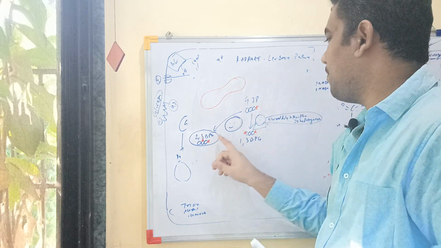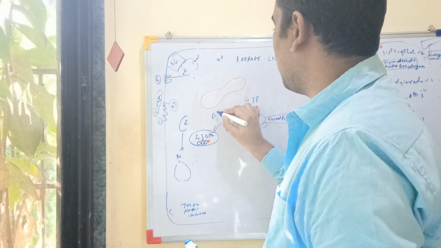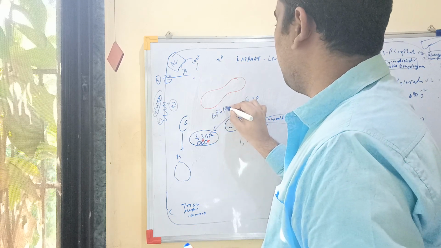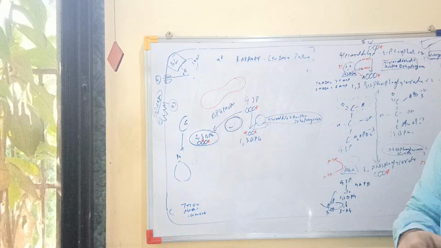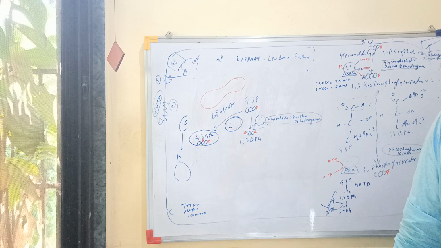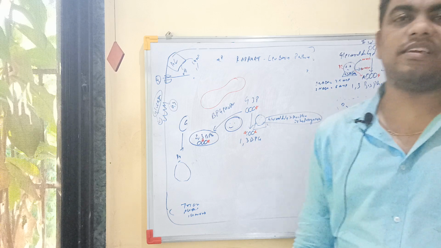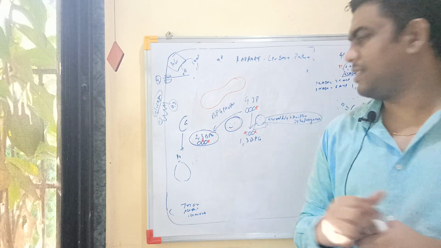The enzyme here is bisphosphoglycerate mutase, and it converts 1,3-bisphosphoglycerate into 2,3-bisphosphoglycerate.